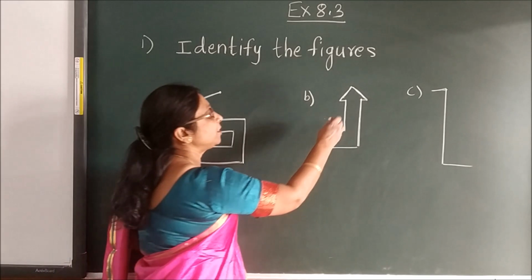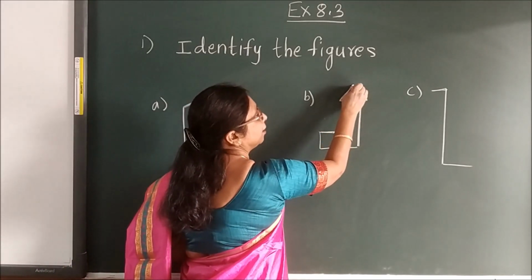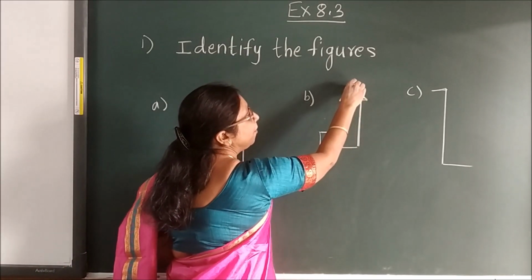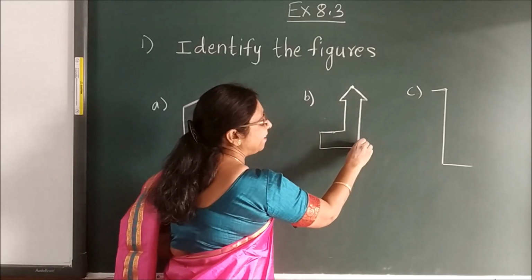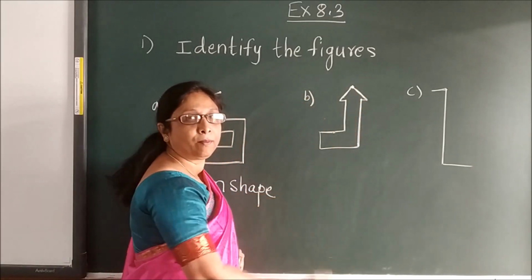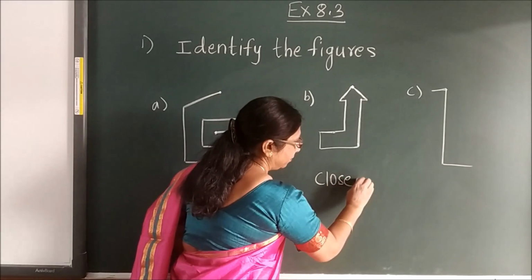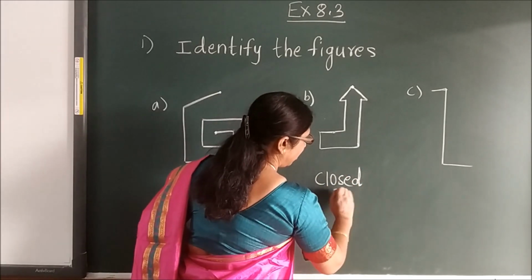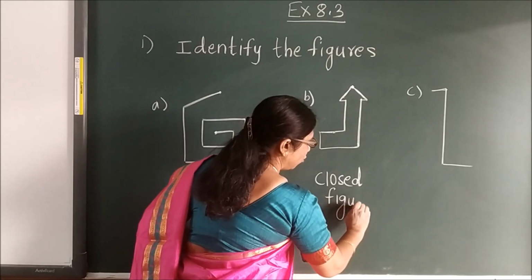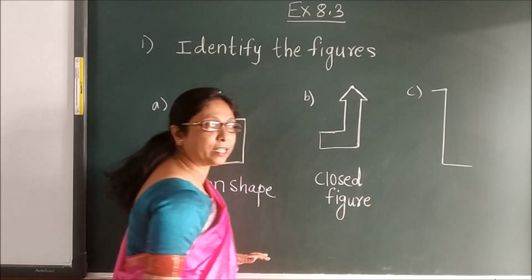Now you see here, if you start the figure from any point, the starting and ending point is the same. So this is the closed figure. Closed figure or closed shape you can say.